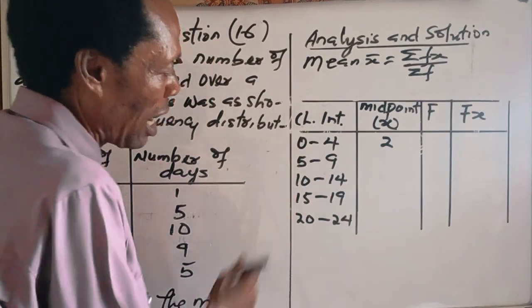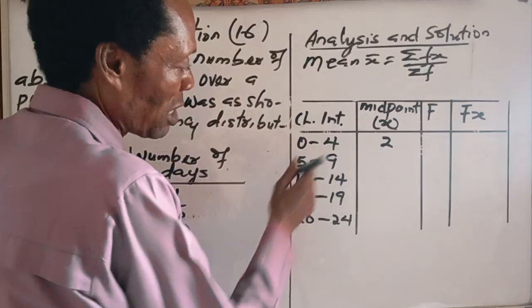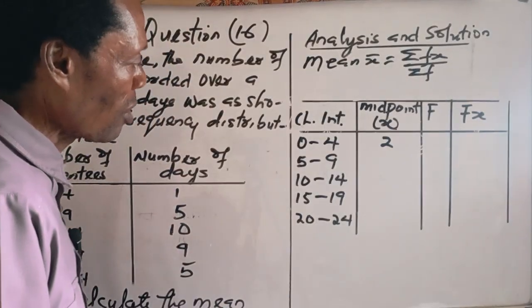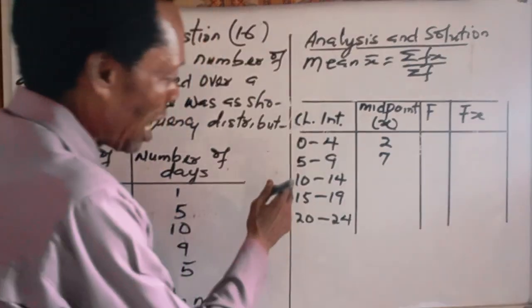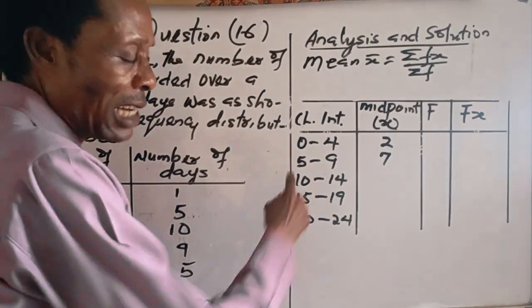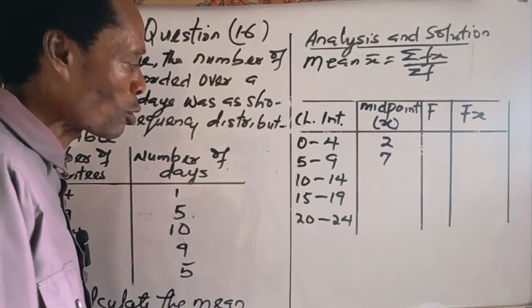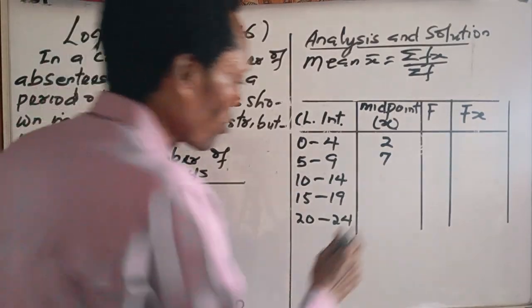So what about 5 to 9? You add them together. 5 plus 9 gives us 14. 14 divided by 2 gives us 7. Then this is 10 to 14. If you add them together, you divide by 2. 10 plus 14 gives us 24. Divided by 2 gives us 12.